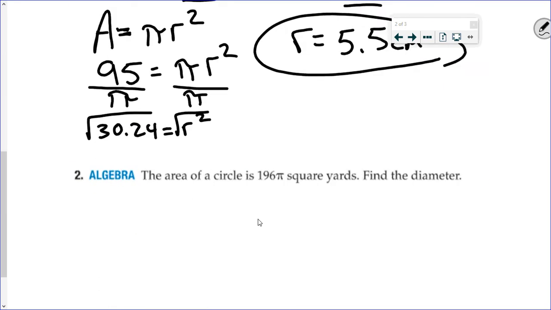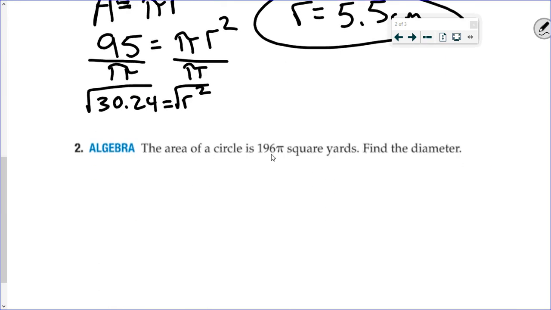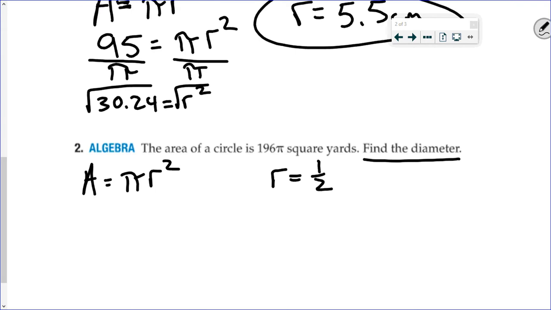This next one's interesting because the area of the circle is 196 pi square yards. Find the diameter. Here we're not looking for the radius, we're looking for the diameter. But if we find the radius, since the radius is 1/2 the diameter, we'd be able to find the diameter pretty easily.